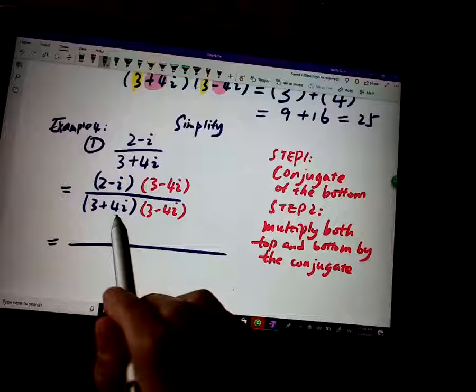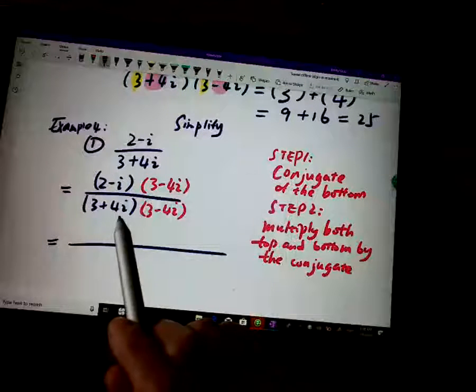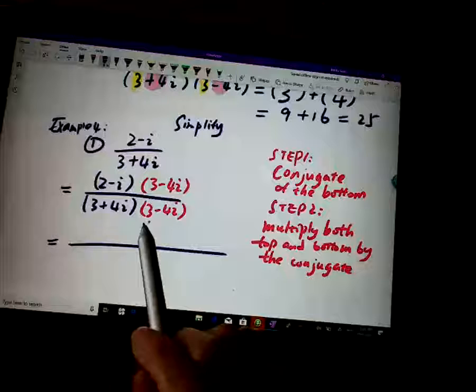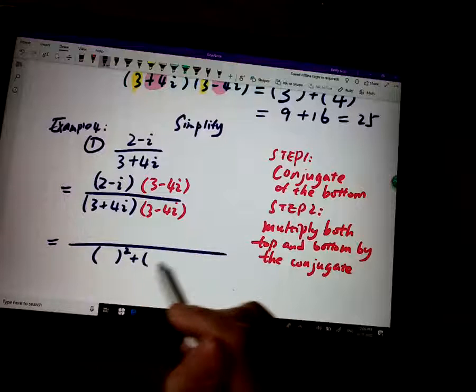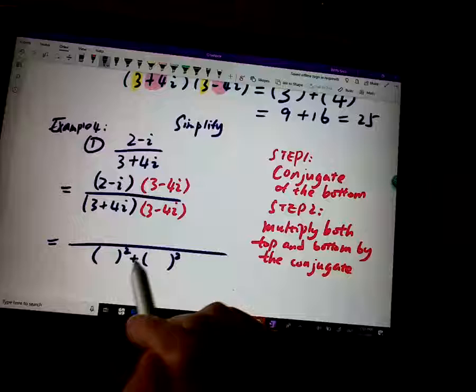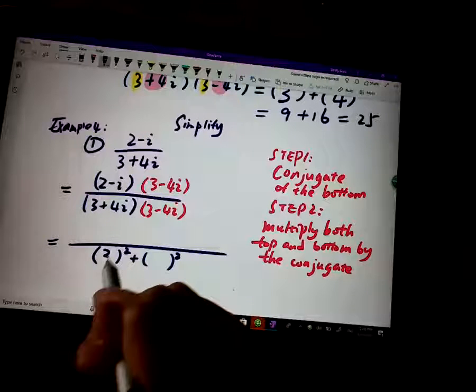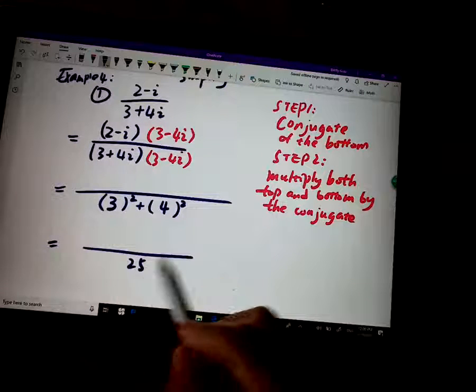If you really want to follow your formula, remember, if the two complex numbers in the product are conjugates, the product is going to be the sum of two squares, square of real part, square of imaginary part. So you have 25 on the bottom.